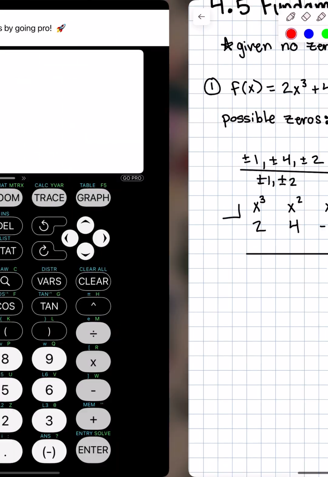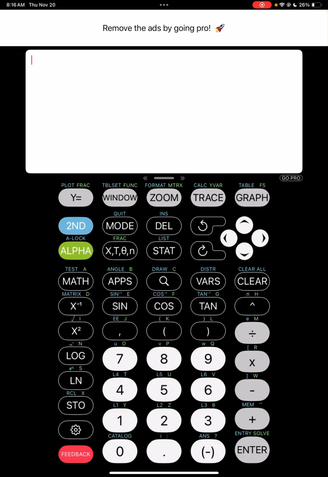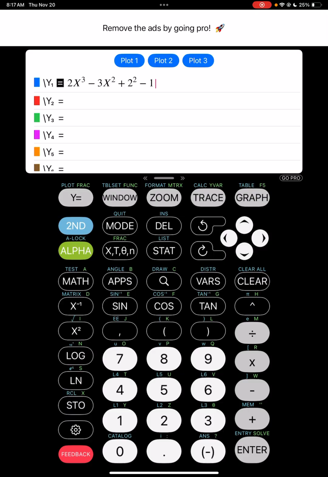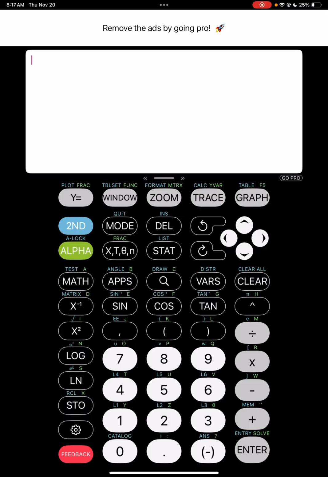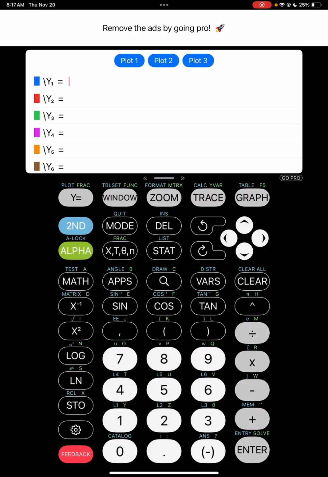So let's go to our calculators. I have this scientific calculator app. This looks roughly like what your calculator looks like, but what I want to do is put this polynomial in my calculator. So I'm going to hit y equals. If there's something there, just clear it out. Oh, I have to hit y equals again. And then I'm going to type in the polynomial from example 1.